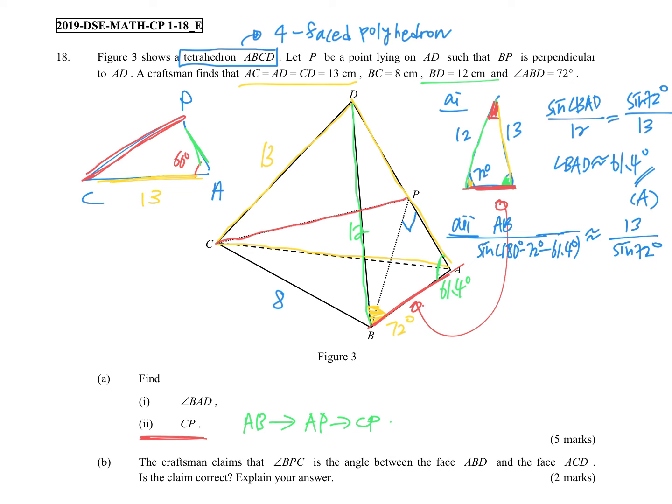And then we need to make use of the result in part A. So that would be 9.93. Good.